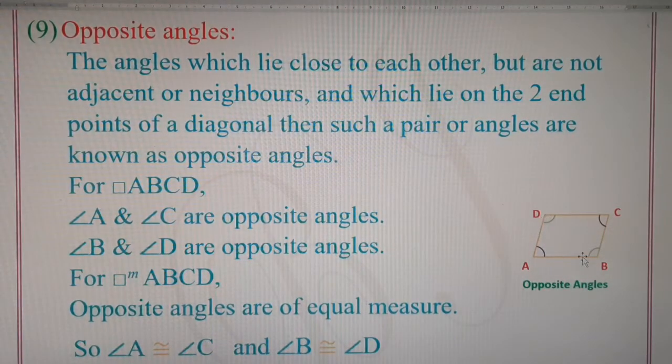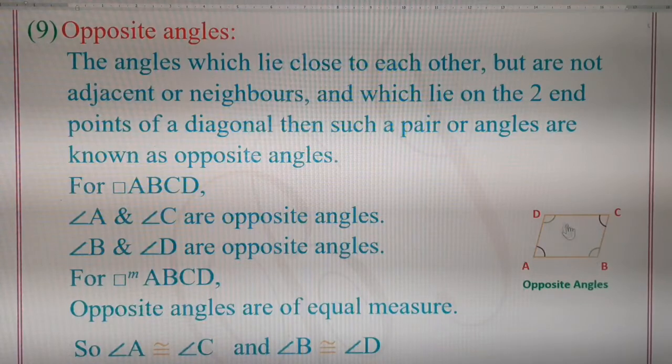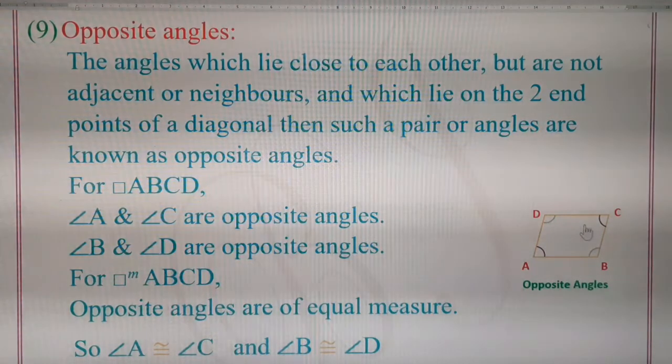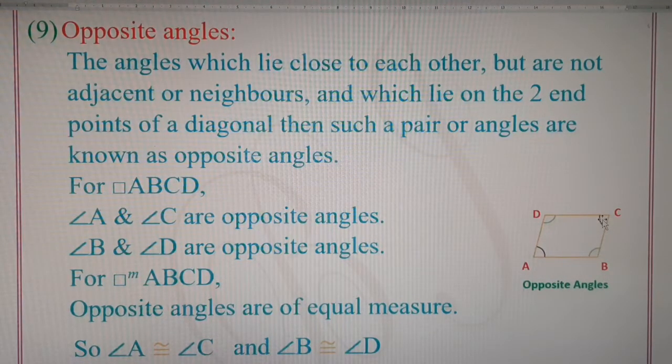So for this parallelogram ABCD, we'll have two diagonals, line segment AC and line segment BD. And the angles which lie on the two endpoints of this diagonal will be known as the opposite angles. So for diagonal AC, angle A and angle C will be said to be the opposite angles. So we can say angle A and angle C are opposite angles.